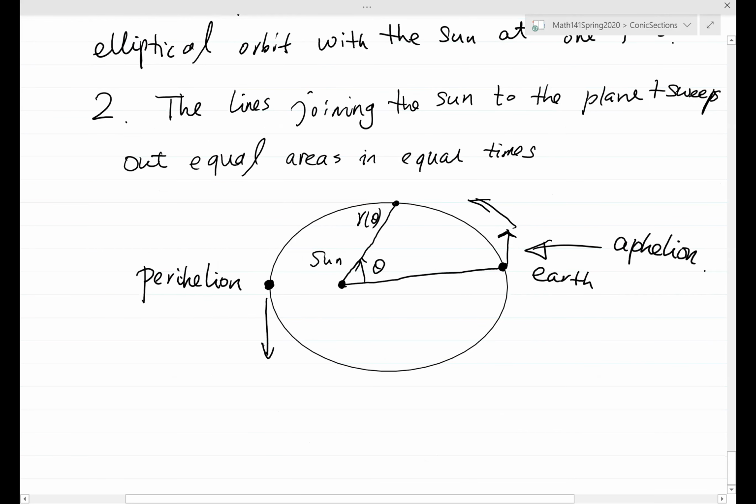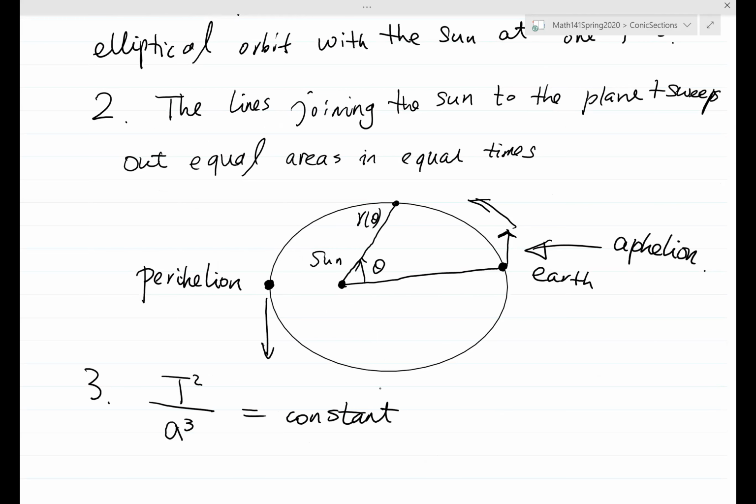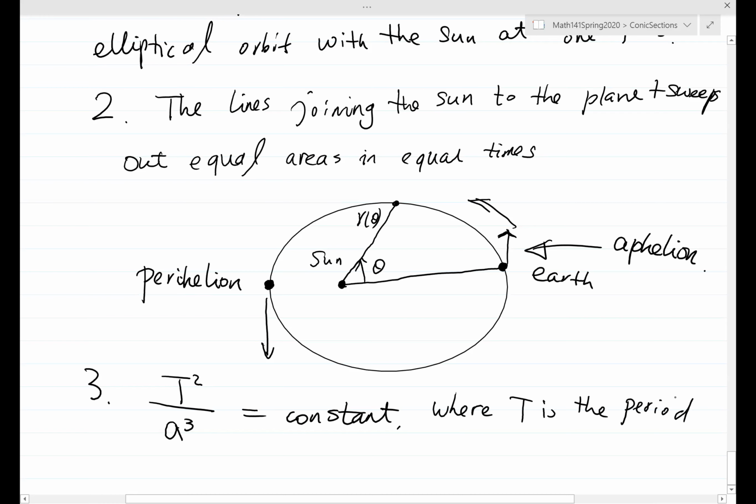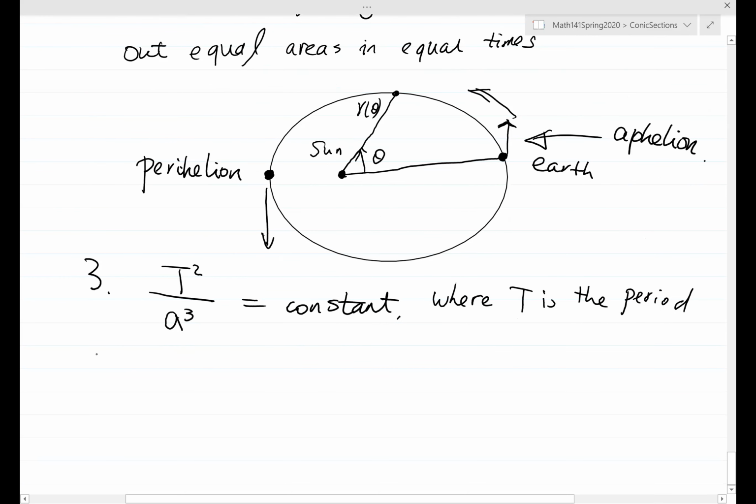The third law says T squared over a cubed is constant for all planets that travel around the sun, where T is the period of a revolution.